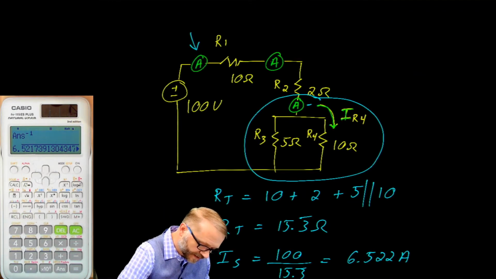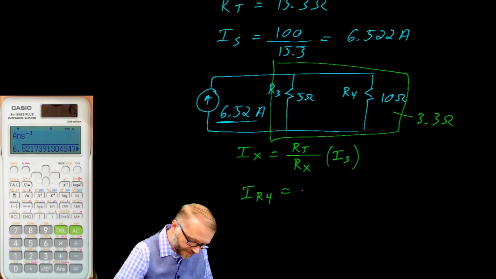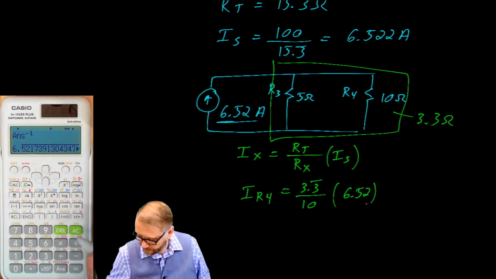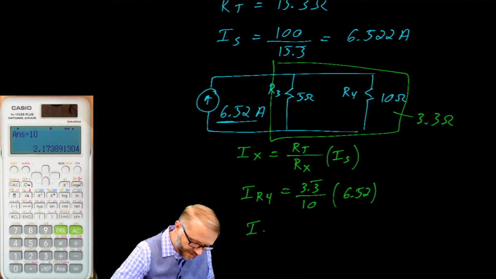The current on R4 is equal to 3.3 over 10 multiplied by 6.52. So times 3.3 divided by 10, which gives us a current on R4 of 2.17 amps.